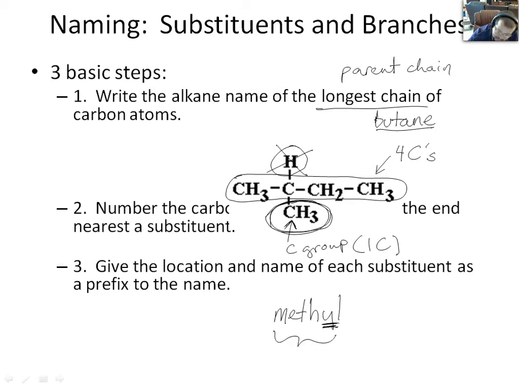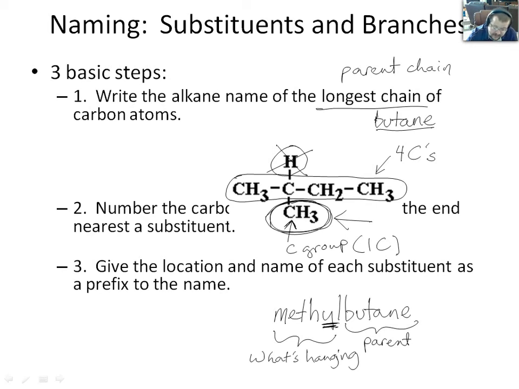So methyl is what's hanging off, and it's hanging off of a butane. So this is always the order that things go in. What's hanging off is listed first in the name, and at the very end of the name, the parent chain goes there. So now we have to specify where this methyl group, or one carbon group, is hanging off.